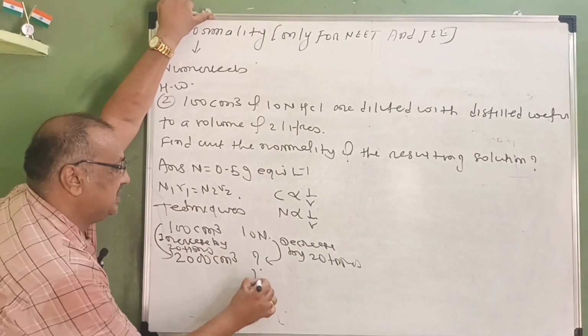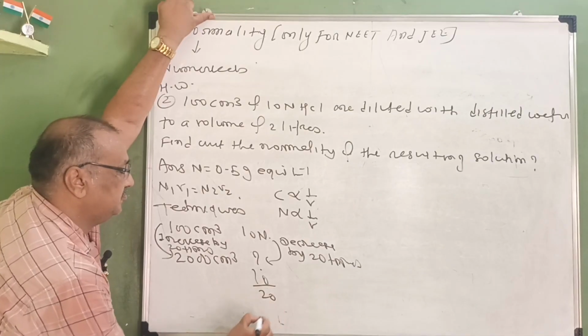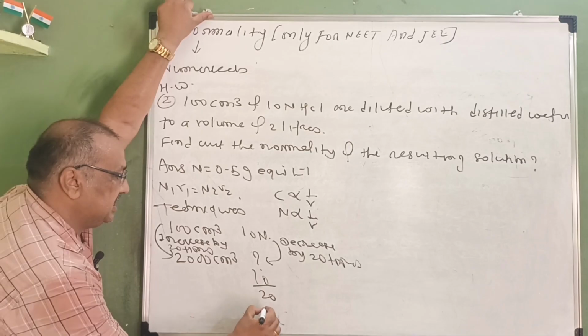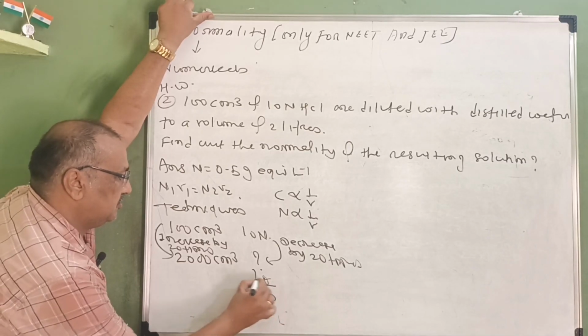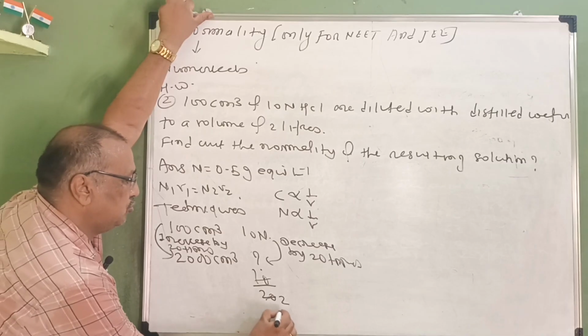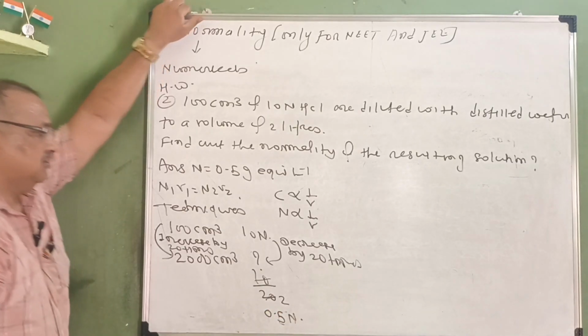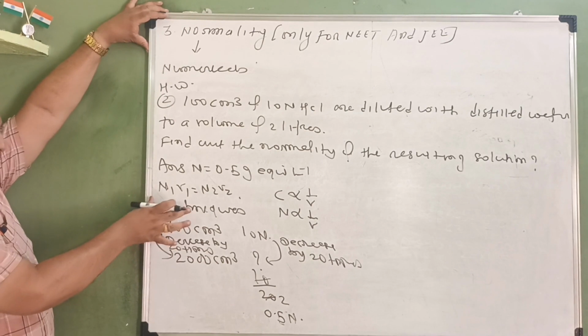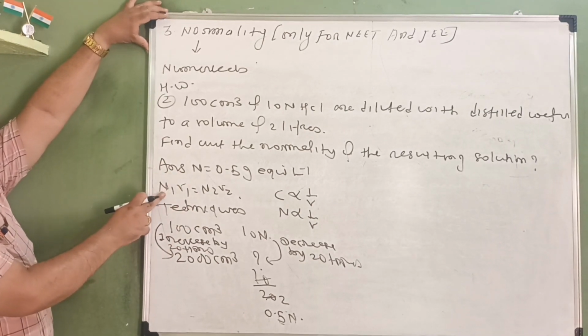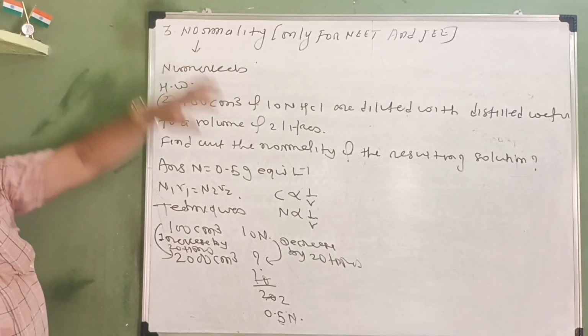That means here 10 upon 20, that is 1/2. 1/2 means 0.5 normal. In this way, you can also solve this numerical with the help of formula pattern or this technique pattern.